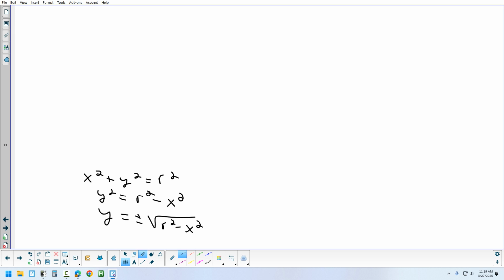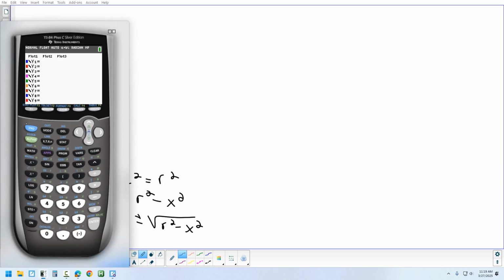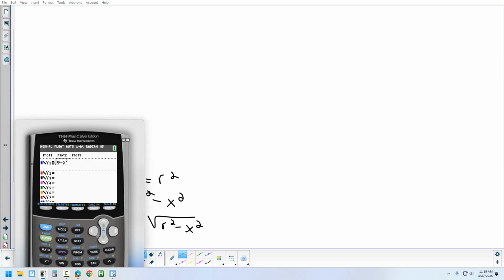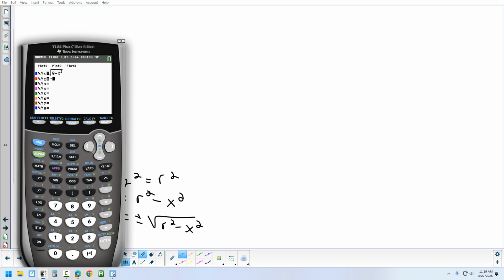It's not awful, but there are a few steps to get y by itself, and that's what you have to type in if you want to draw a circle. Now I'm going to do a circle with a radius of 3. So I'm just going to let r be 3. What's 3 squared? 9. So let's change that to a 9. So square root of 9 minus x squared and the negative of that, because when you take a square root, you always get 2 answers.